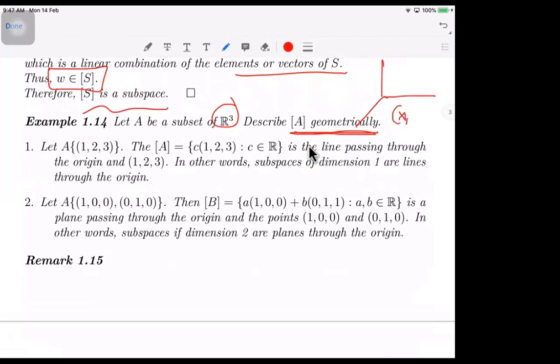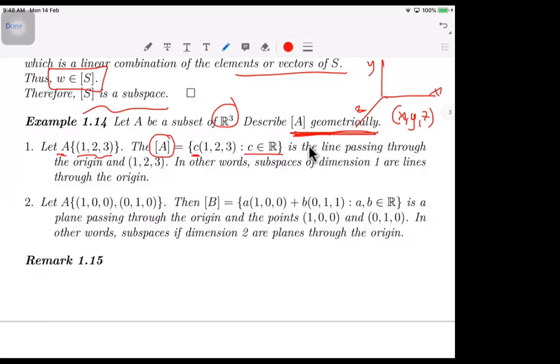Say, vector X, Y, and Z. So how do you describe the span of A geometrically? Specifically, suppose your set A is three-dimensional, the point 1, 2, 3. So the span is a linear combination, multiplied by some constant C, where C is a constant.